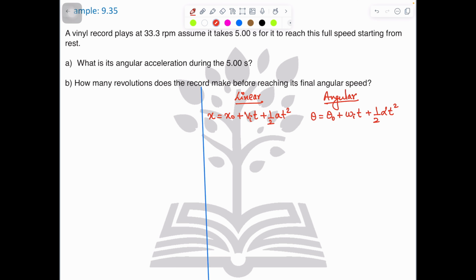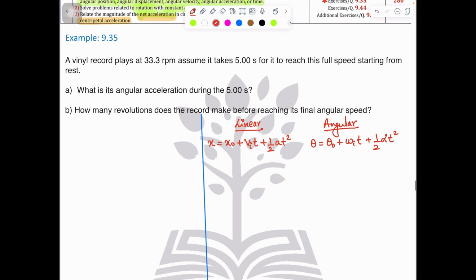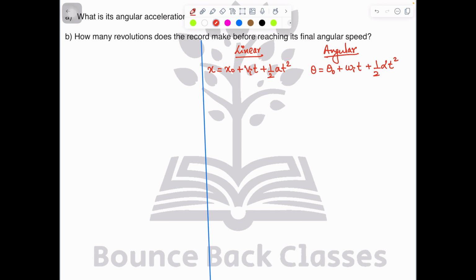Now the major thing is you should know what to replace. I will write it here for you. Here x is replaced with theta. This is the linear distance, this is the angular. Then x naught is replaced with theta naught, that is your initial distance.